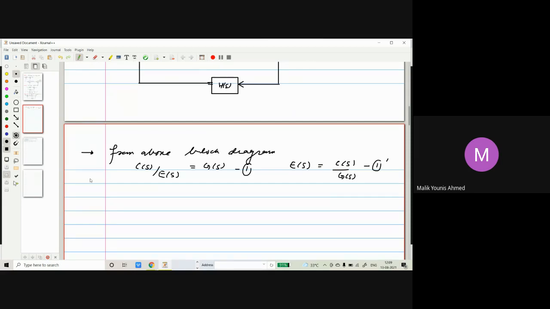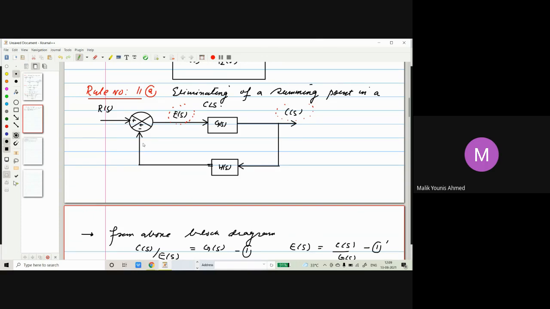Now, what is G of S here? Everybody knows that it is the forward path transfer function, and H of S, I already told you, is the feedback path transfer function. Okay, now have a look here.